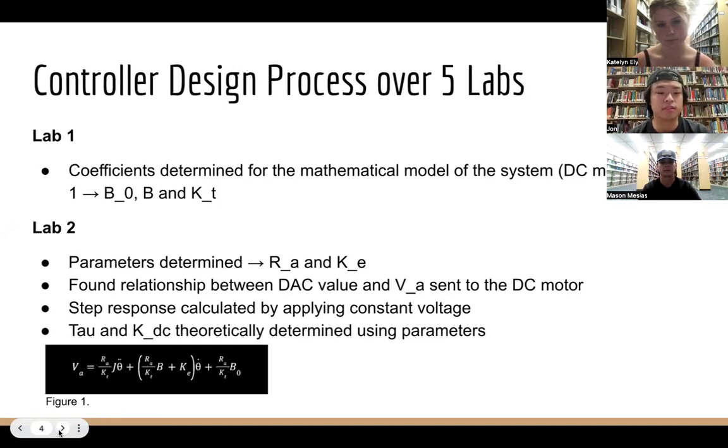And then we found the step response behavior by applying a constant voltage to the motor. And then finally, we found tau and K sub DC theoretically following the determination of the previous parameters. And below you can see in figure one is our mathematical model.